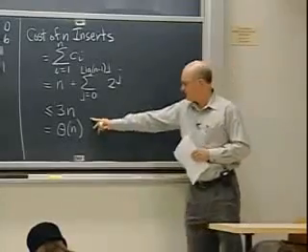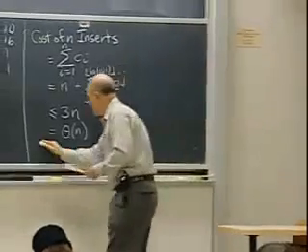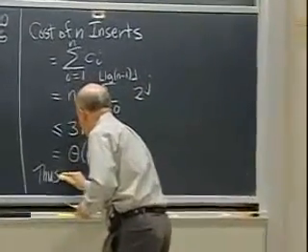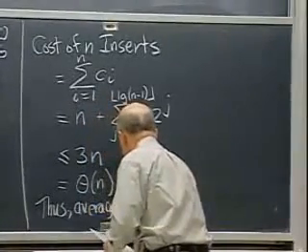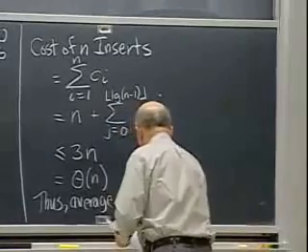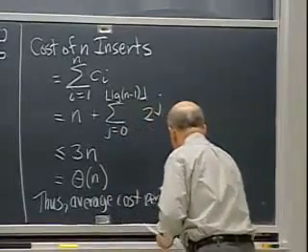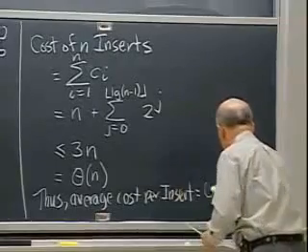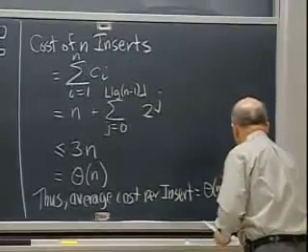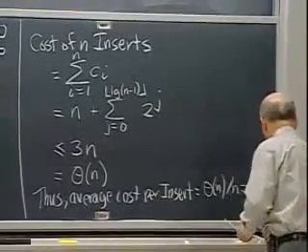So that's algebra. Thus, the average cost per insert is theta of n over n, which is theta 1.